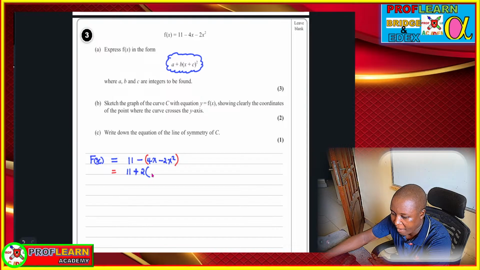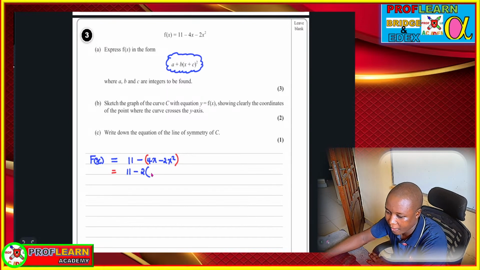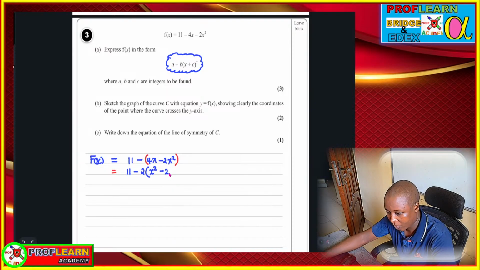And that's going to be x squared. I'm just taking 2 to not affect the sign. So if I take 2, I must have my x squared here, and then I'll say minus 2x at that point.